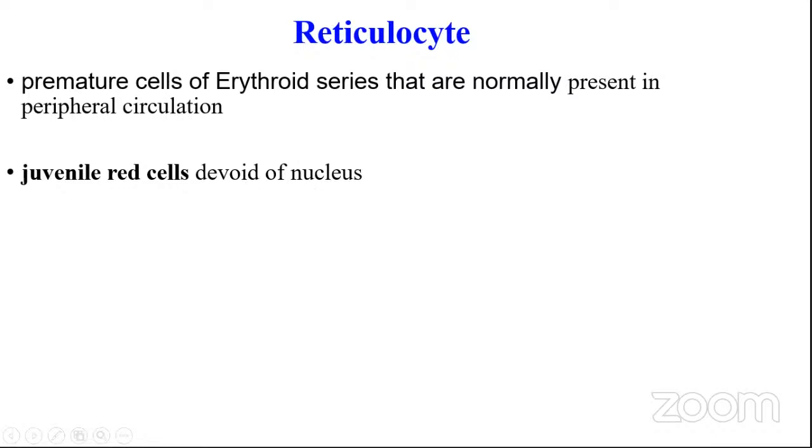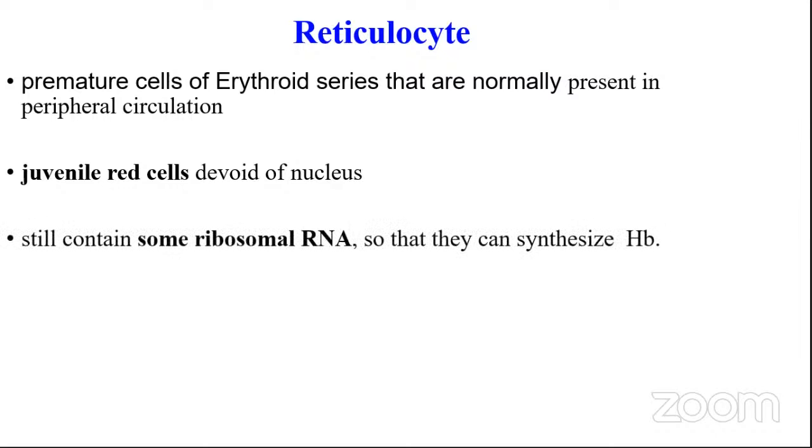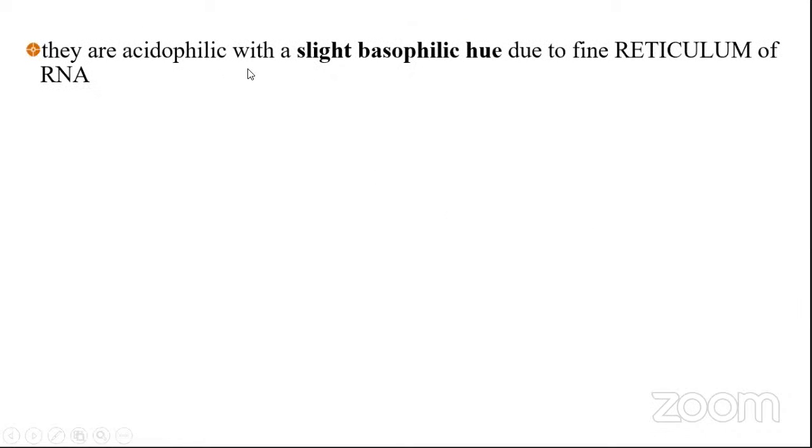But the cytoplasm still has a small amount of ribosomal RNA so that they can synthesize hemoglobin. So they are acidophilic with a slight basophilic hue due to the fine reticulum of the RNA.